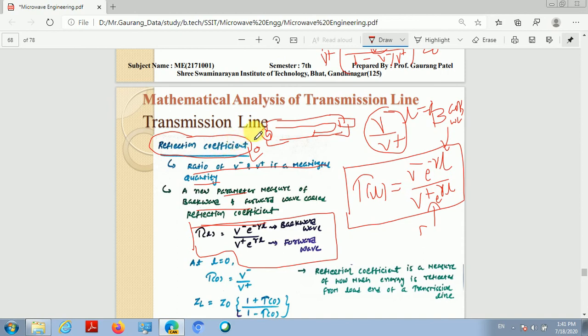The reflection coefficient, because reflection coefficient is the ratio of backward wave to the forward wave. The wave in this direction is the forward wave, and the wave in this direction is the backward wave.